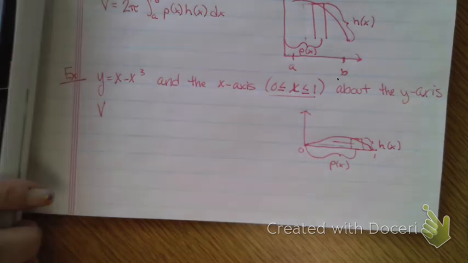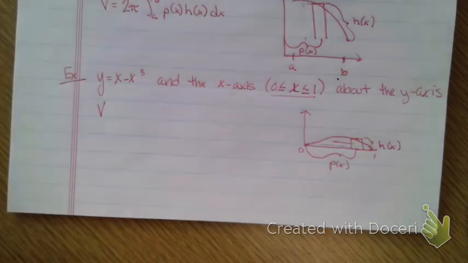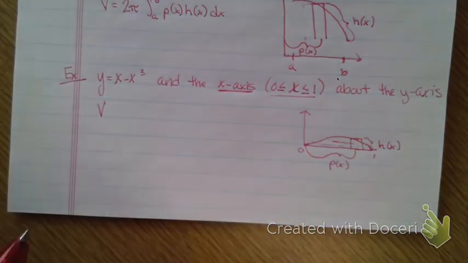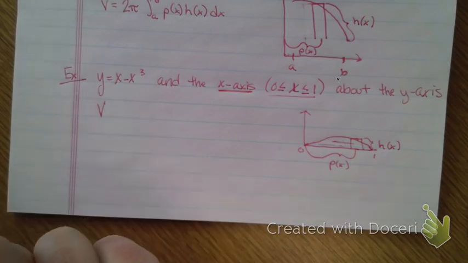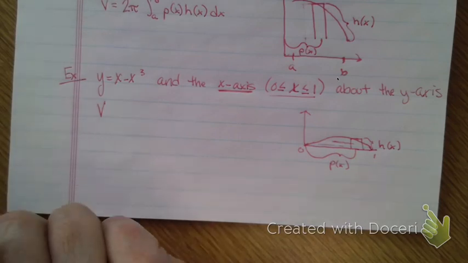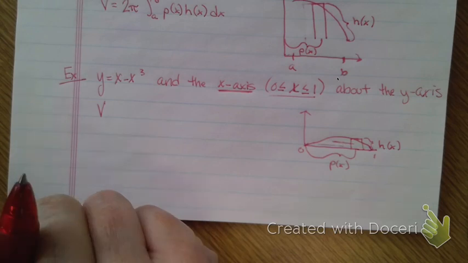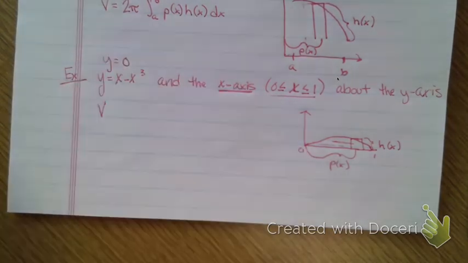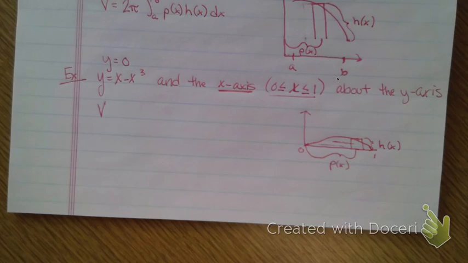So the two equations we dealt with are the x-axis. What equation is the x-axis? What kind of line is the x-axis? The horizontal line. So the equation is actually y equals 0, isn't it?